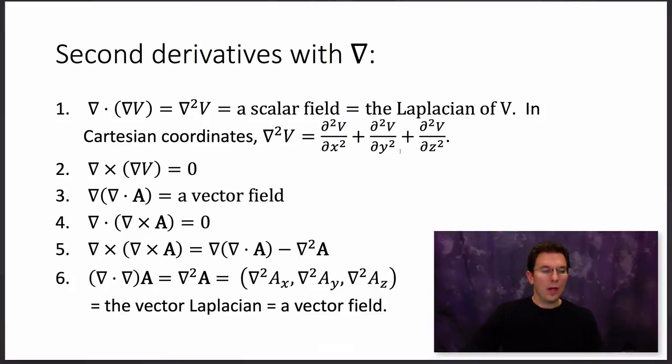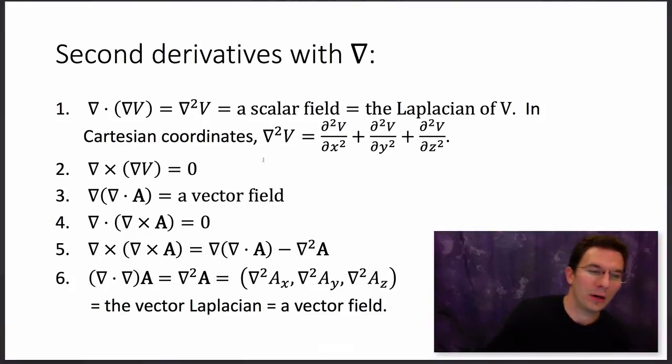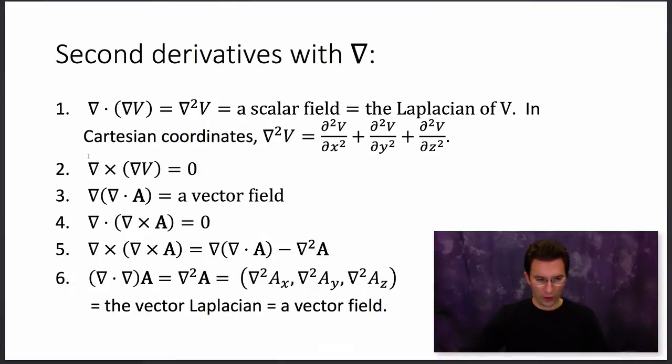Okay. There are some nice properties here of gradients, curls, and divergences that I want to mention. The curl of the gradient of any scalar is always 0 here. Anytime you take a gradient and then take the curl of that resulting vector, you're going to get 0.